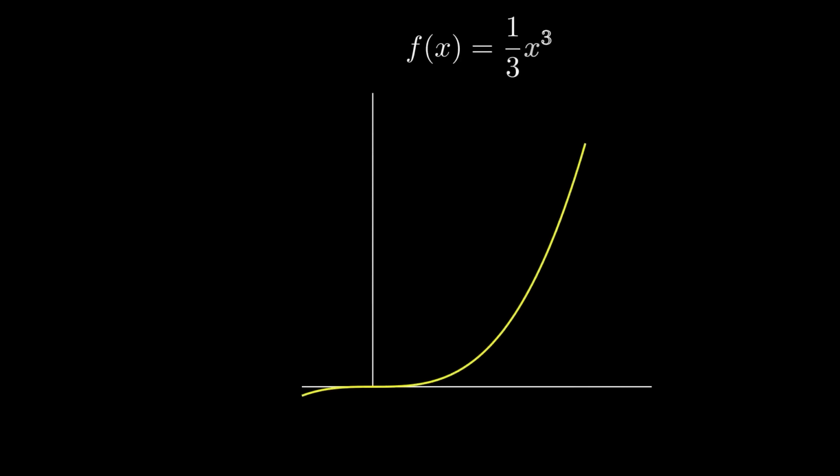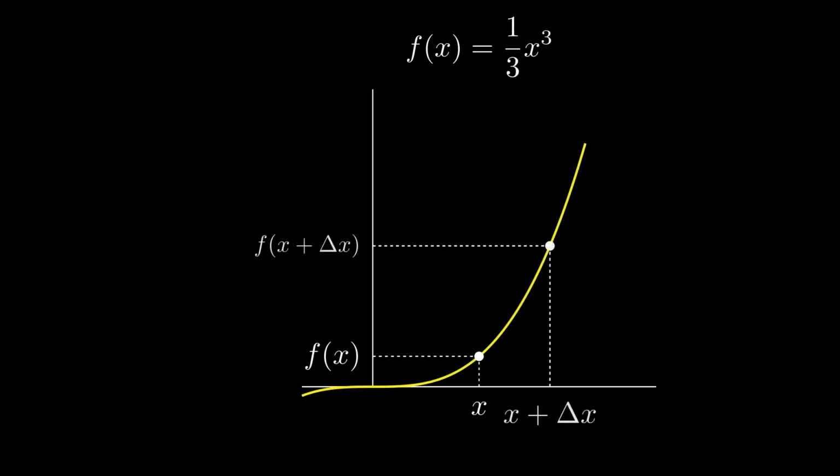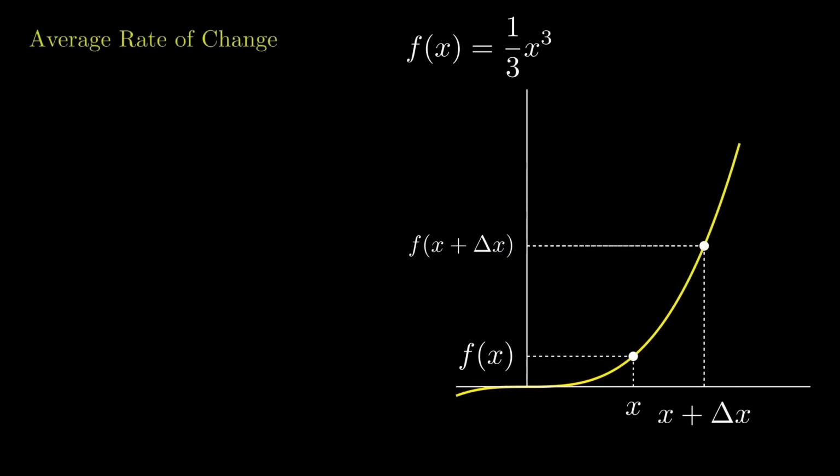Let's say we're trying to find the rate of change of f around the input x. The value of the function at that point is f of x. Now let's change x by a small amount, which we'll call delta x. This takes us to the point x plus delta x, and the function's value at that point is f of x plus delta x.